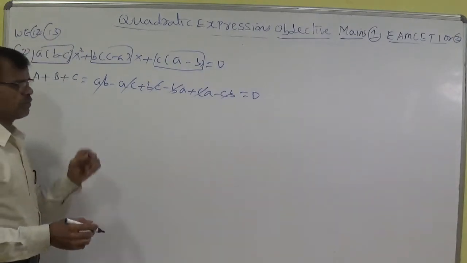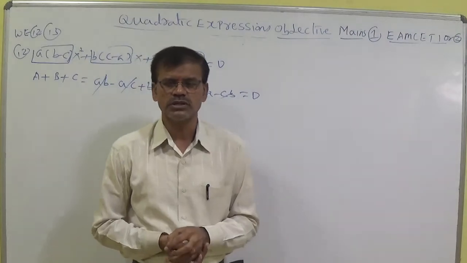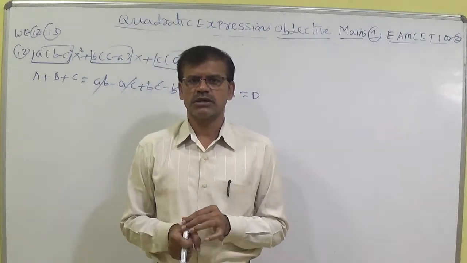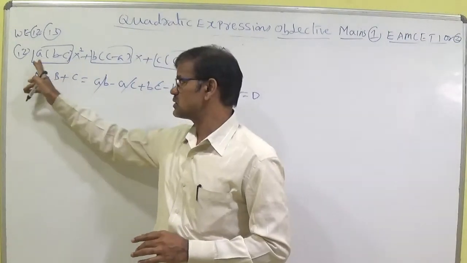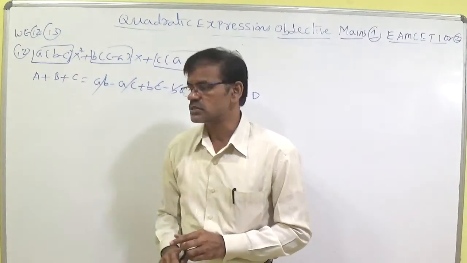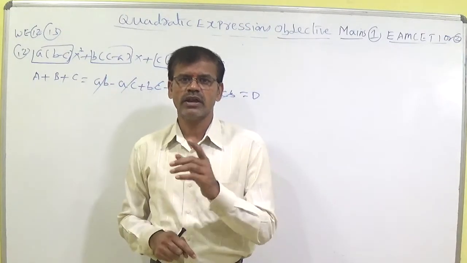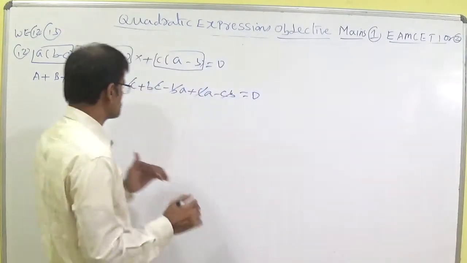Whenever A + B + C = 0, I said the property that small a + small b + small c = 0 in the quadratic equation ax² + bx + c = 0. Now, this is not simple small a, that is why I thought this is capital A, this is capital B, this is capital C. Whenever A + B + C = 0, I had written that 1, C/A are roots.